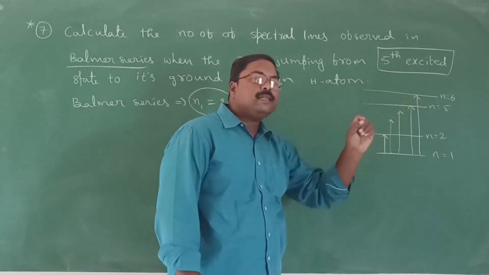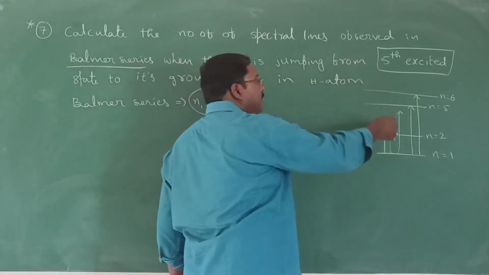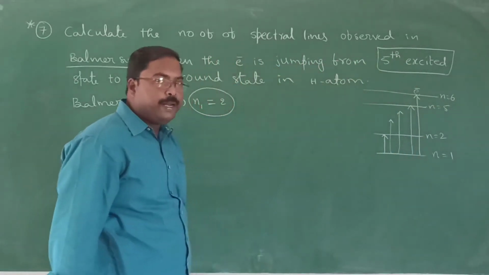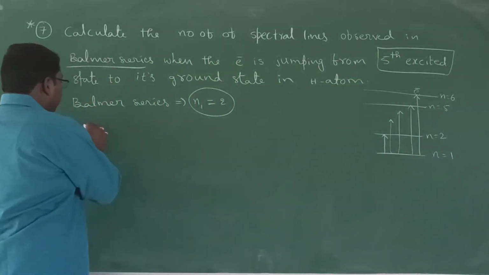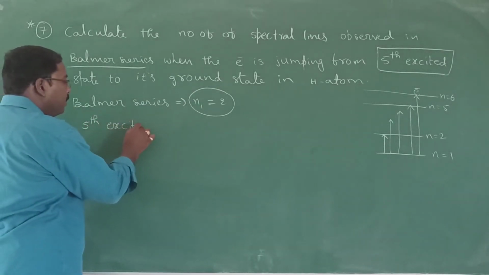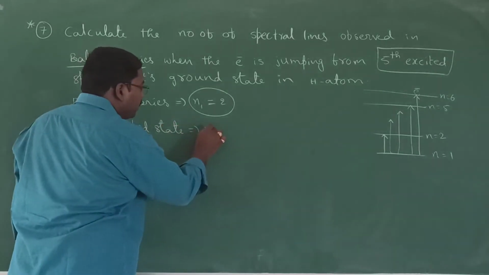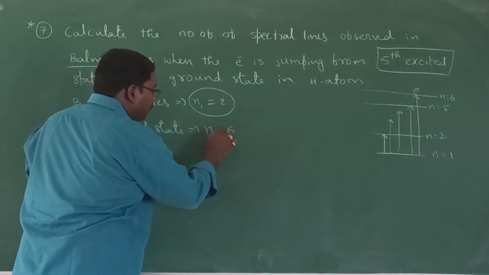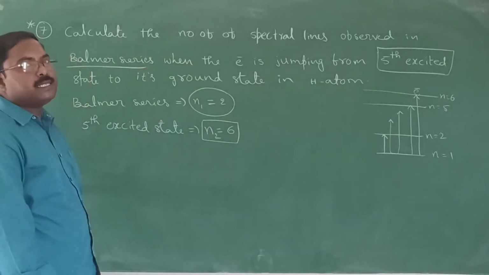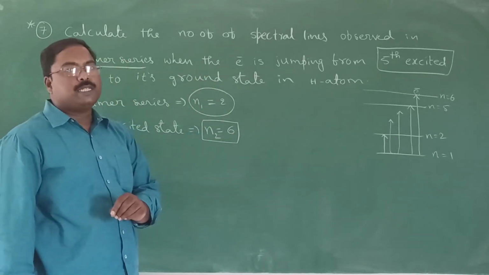They mentioned fifth excited state, which means our electron is present in the sixth orbit. So the orbit number is 6. Now the electron is jumping from the 6th orbit to the ground state.